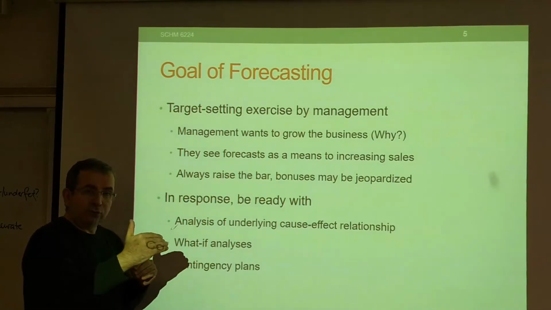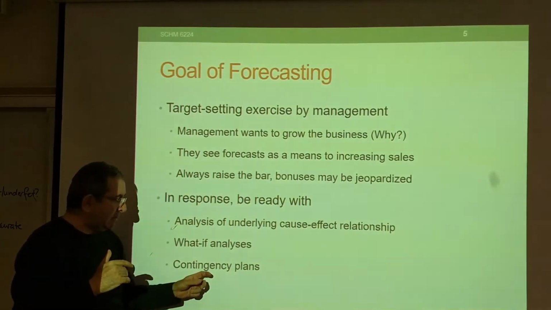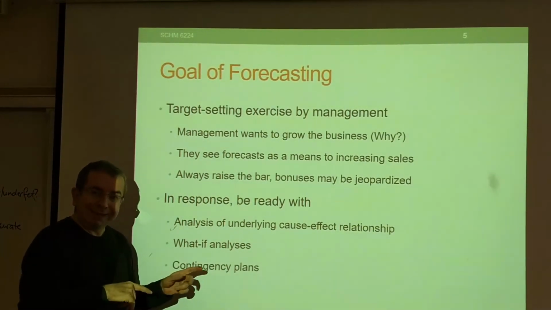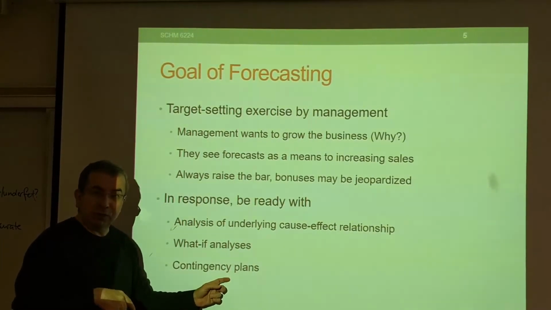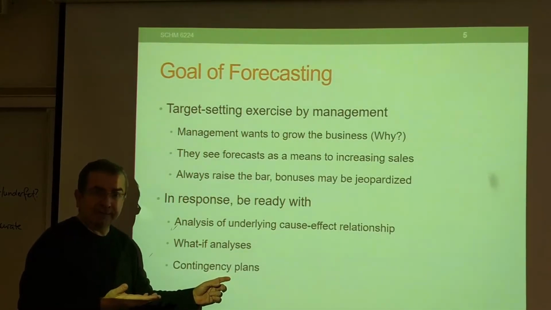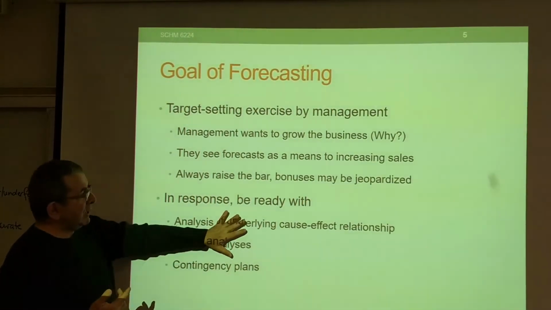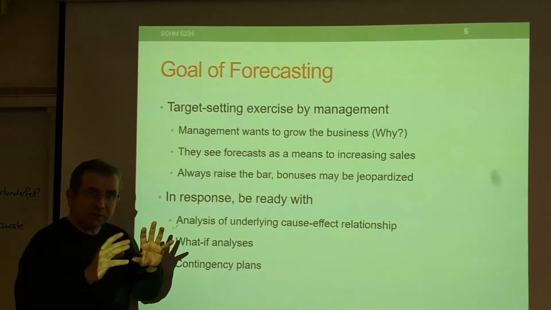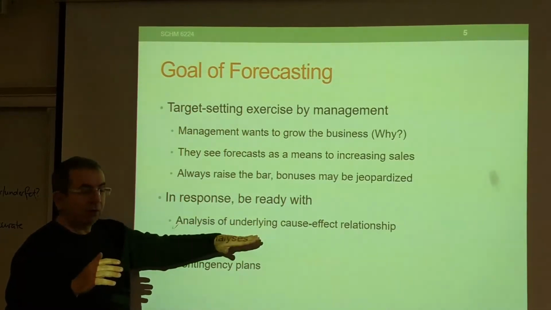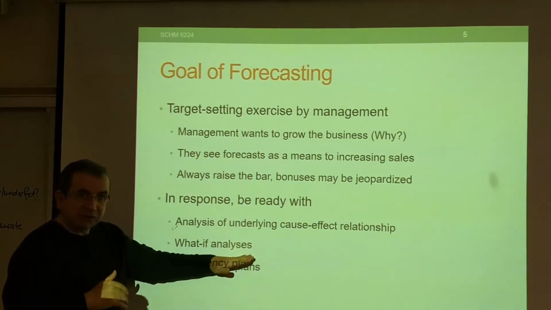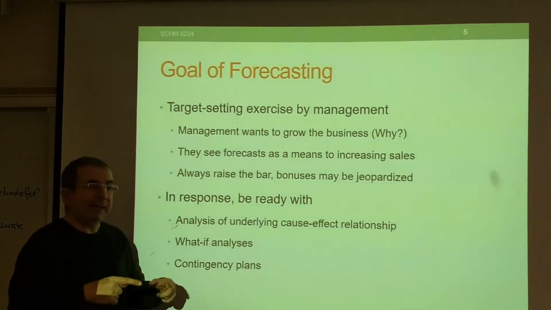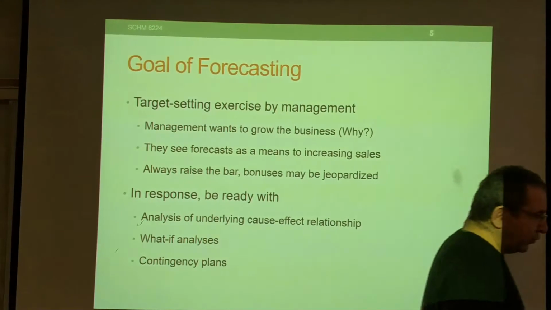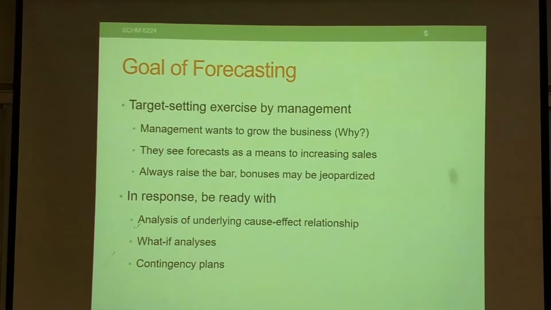So you have a forecast, you have a scenario, but you should have plan B, plan C, plan D in case things don't go as planned, okay? So as a forecaster, you shouldn't focus on just numbers. You need to understand what is going on. You need to consider various scenarios, and you need to have backup plans for your forecast.